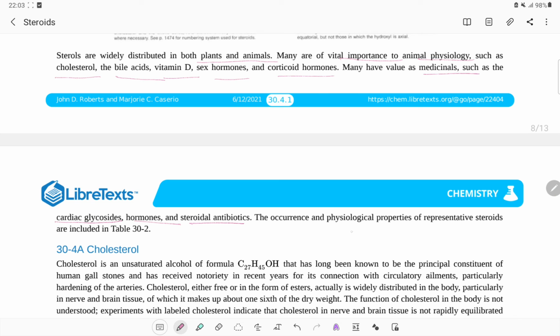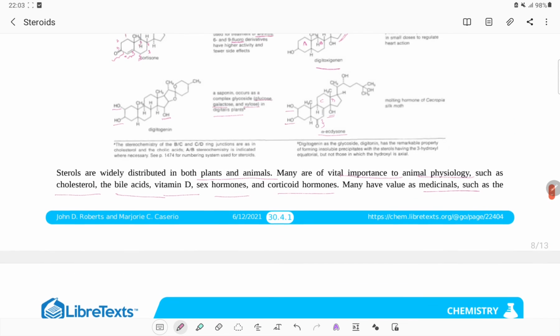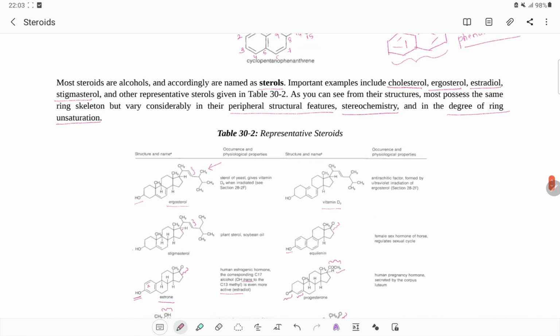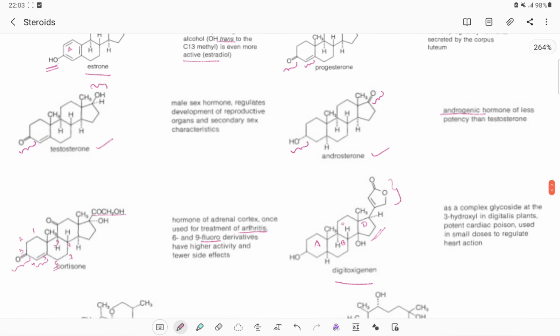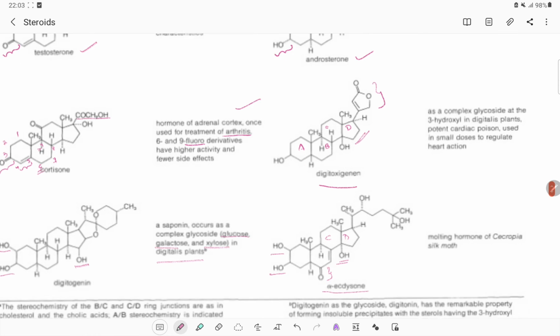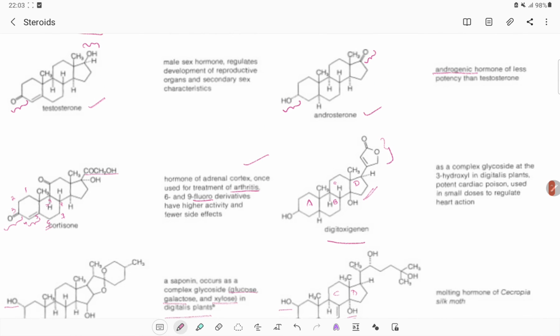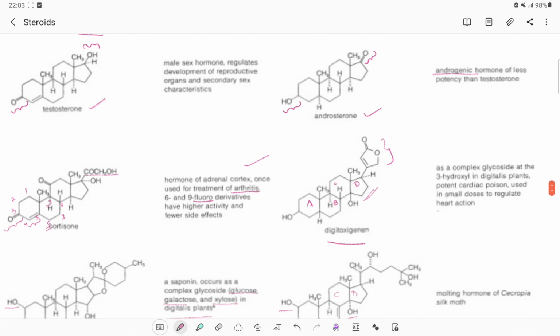The occurrence and physiological properties of representative steroids have been seen in this table. For example, cortisone is used to treat arthritis, and digitoxigenin is used to treat the heartbeat. Such importance is seen in terms of various types of steroidal function.